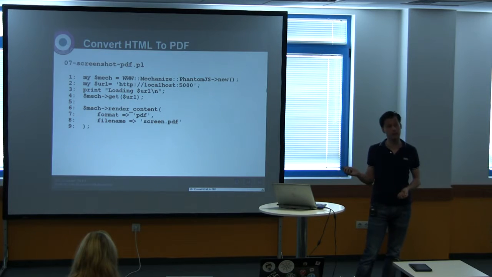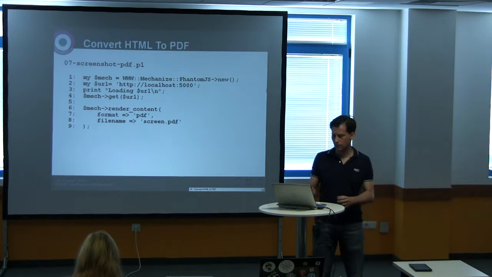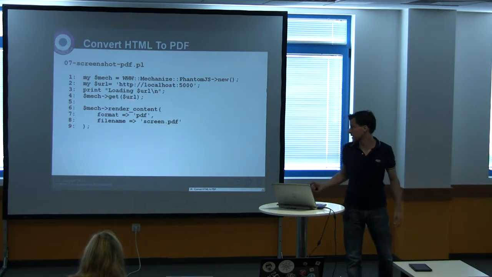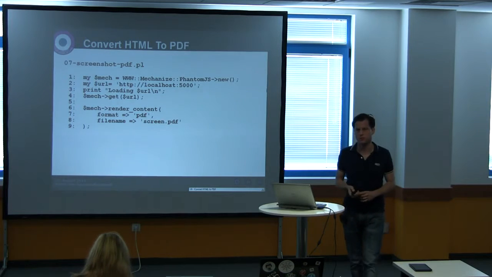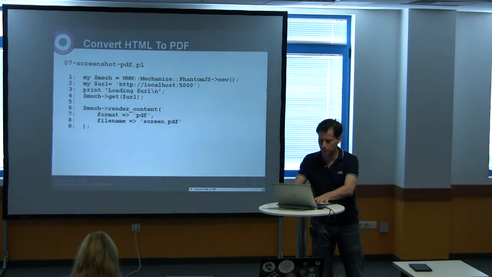You can abuse PhantomJS to generate PDFs. The render content method can render the current page as PNG or also as PDF. So if you need to quickly generate a lot of PDFs, maybe PhantomJS is a good approach.